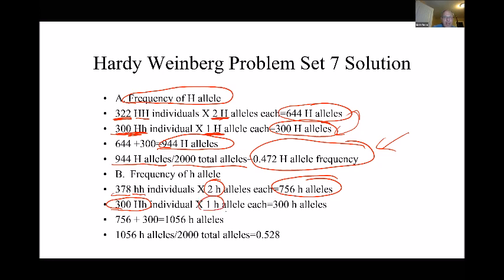Multiply that by 1 little h apiece. If we add these two together, that tells us the total number of little h alleles. So that's 1,056. If we divide that by the total number of alleles, 2,000, that gives us a little h allele frequency of 0.528.